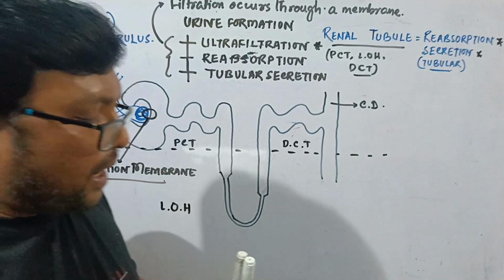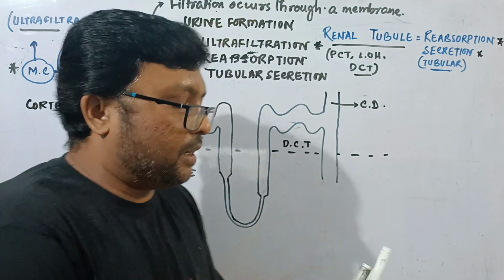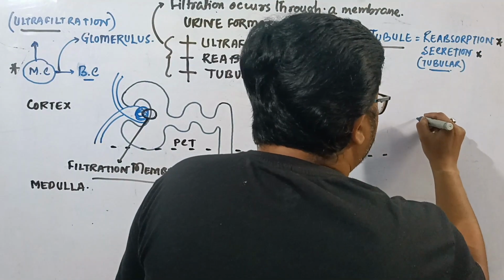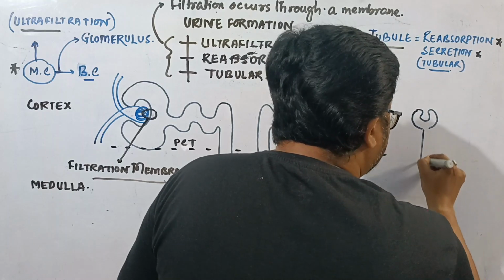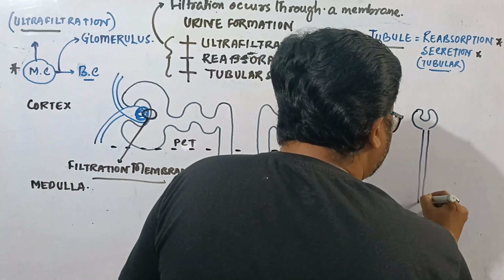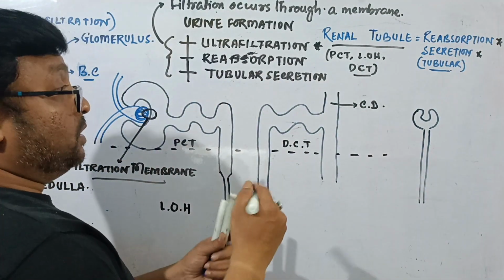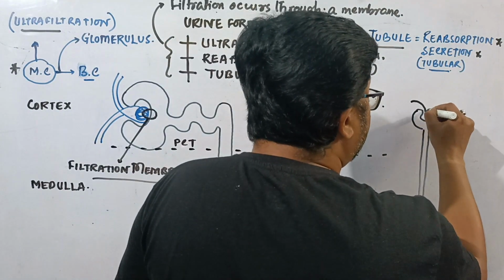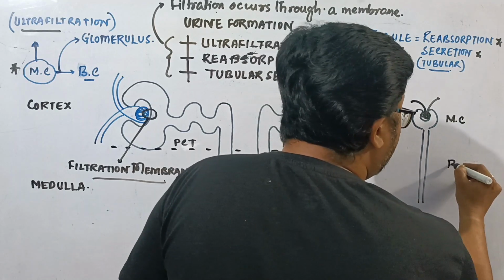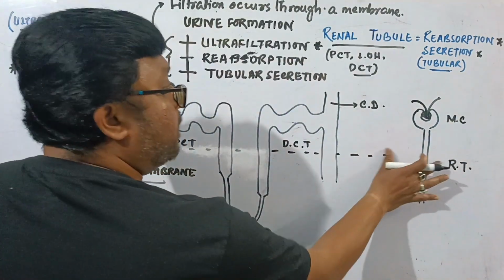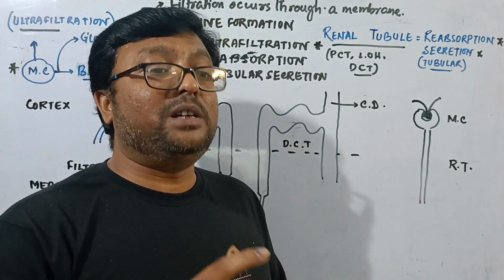আচ্ছা, এখানে আলাদা করে বলে দিতে চাইছি যে রিঅ্যাবজর্পশনটা কি আর সিক্রেশনটা কি সেটা আগে জেনে নেব। ওকে, আলাদা করে একটু এঁকে দেখে নাও, let this be the tubule. Now as you can see, this is the Malpighian corpuscle and let this be the renal tubule. তো একটু বুঝে নেবে, তাহলে পরে অসুবিধা হবে না। সেটা হচ্ছে what reabsorption generally means.